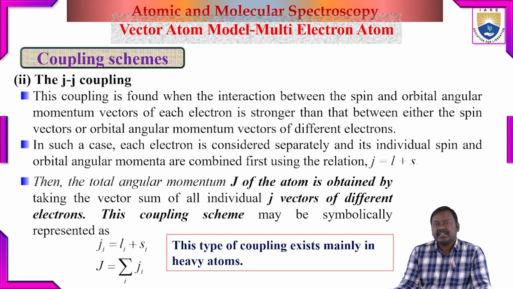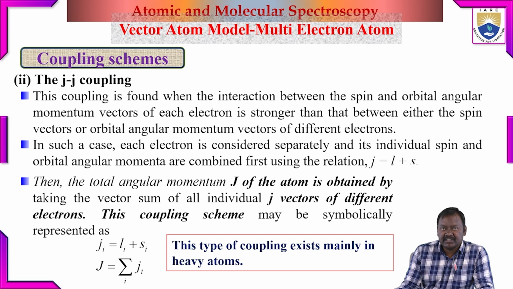So the second one is the JJ coupling. This coupling is found when the interaction between the spin and orbital angular momentum vectors of each electron individually is stronger than that between either the spin vectors or orbital angular momentum vectors for different electrons.